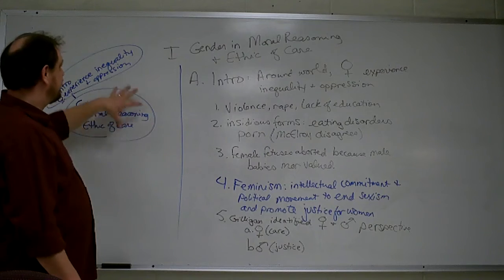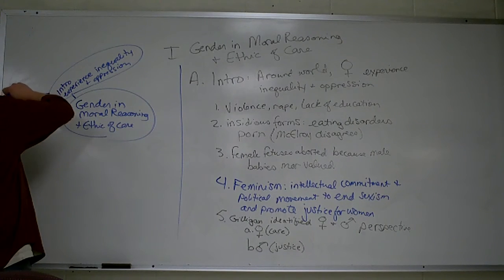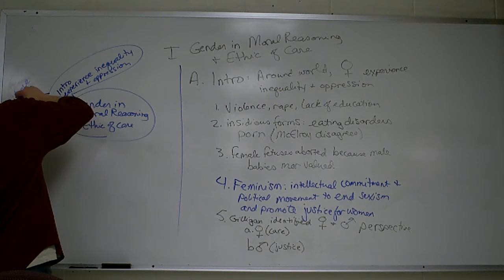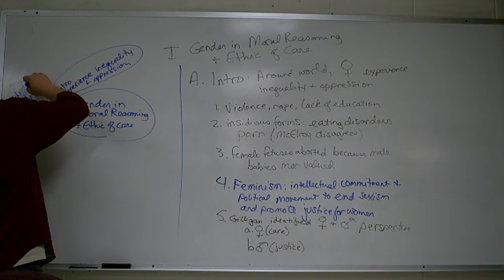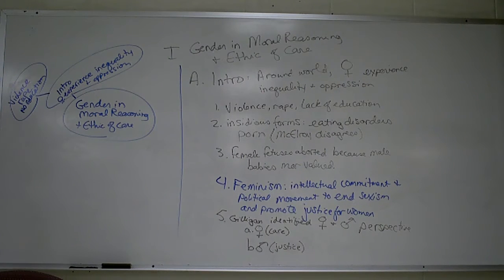So in a concept map, we just kind of branch out. And we'll say violence, rape, and education. I said violence, rape, and no education.